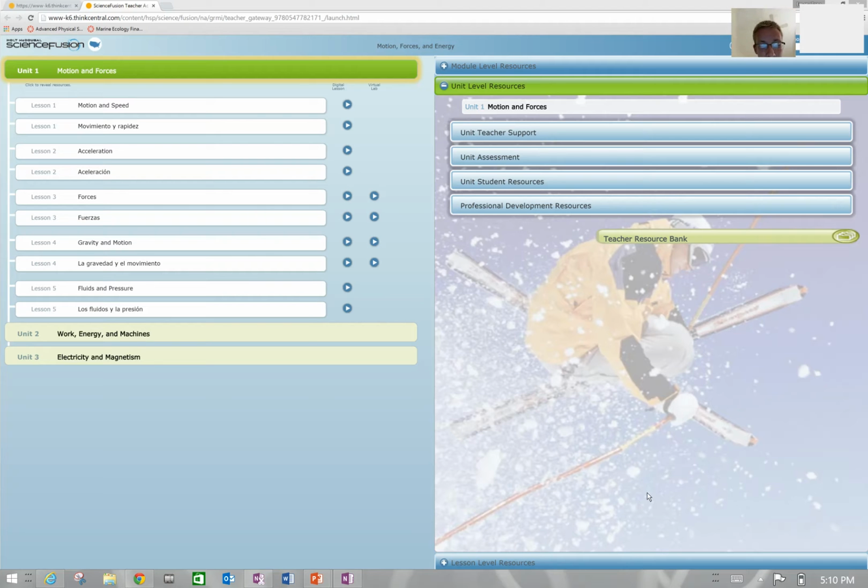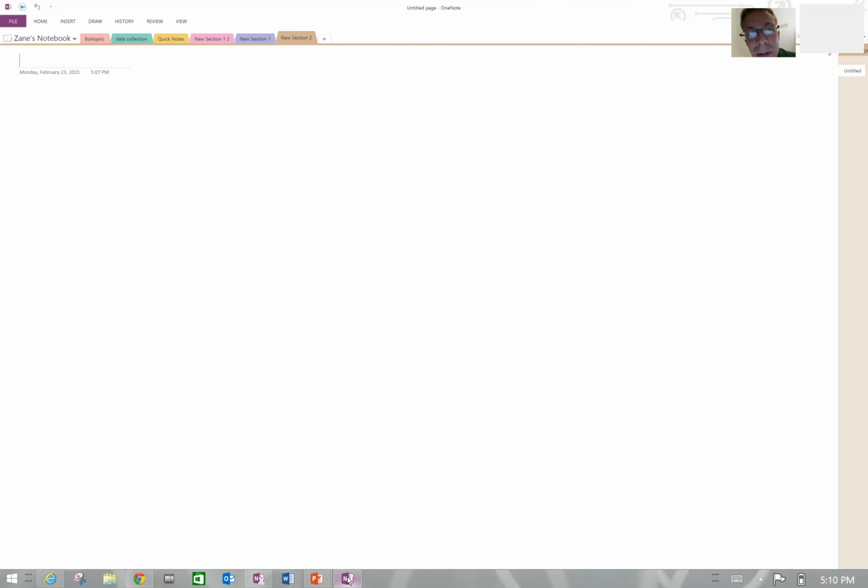So without further ado, let's go ahead and start on lesson 1, which is on motion and speed. Okay, so lesson 1, if you were at all confused about motion, basically motion is just any change in an object's position. Now, in order for an object to be moving, we need to understand its reference points around it.